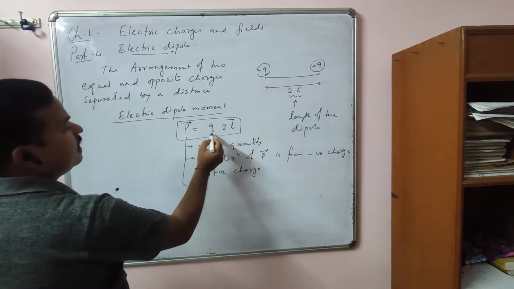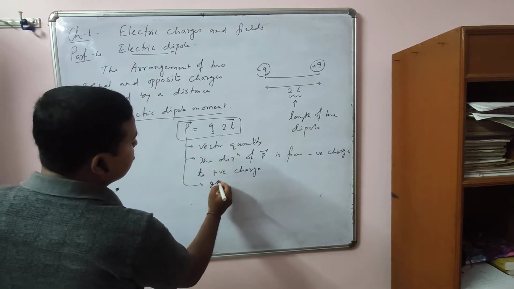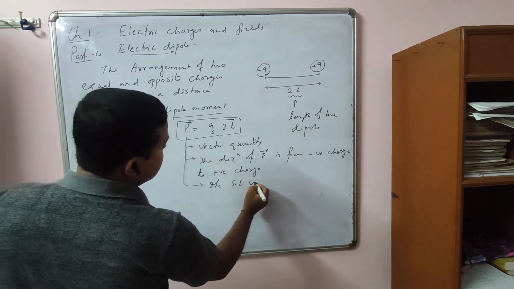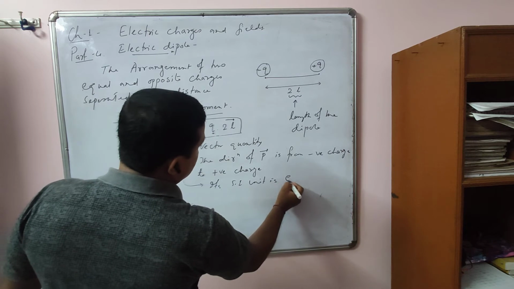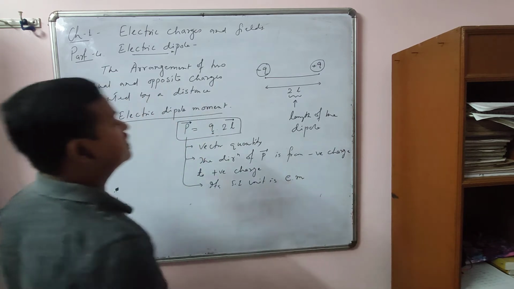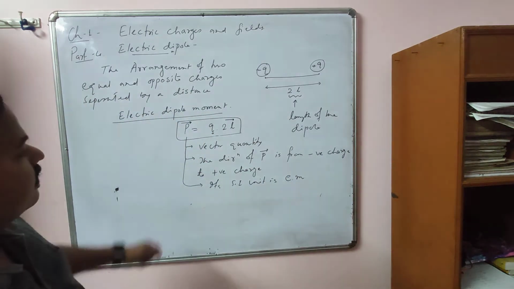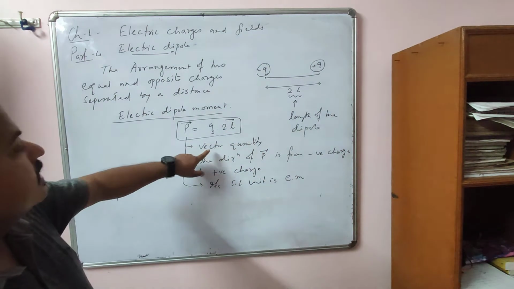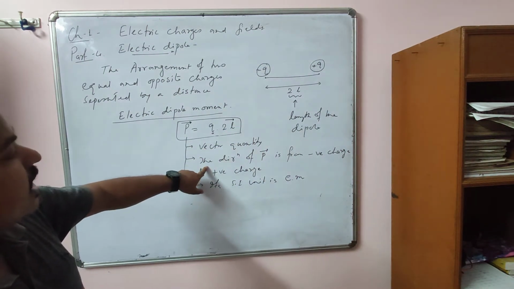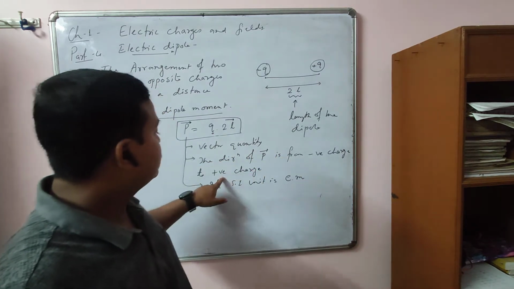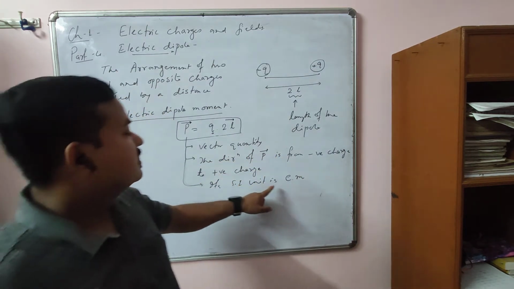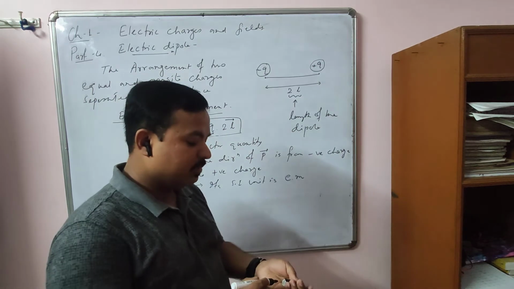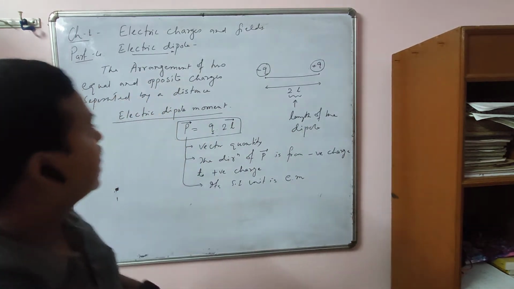Here it is q into 2a, q is charge in coulomb. So its SI unit is coulomb into meter. So this is about electric dipole moment: the product of the magnitude of charge and length of dipole. It is a vector quantity, its direction is from negative to positive charge, and its SI unit is coulomb meter.